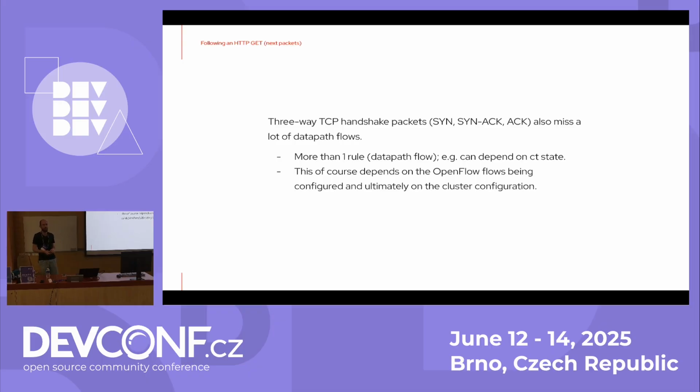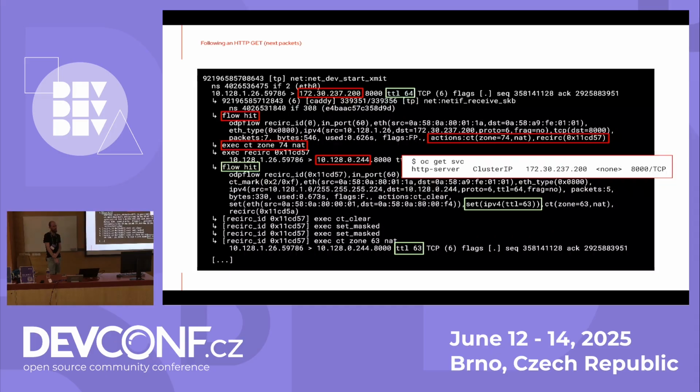So those packets do not have the same state, which is why you have to match new flows. So you have the same logic. This, of course, depends a lot on how things are being configured, well, all of the actors involved in this.